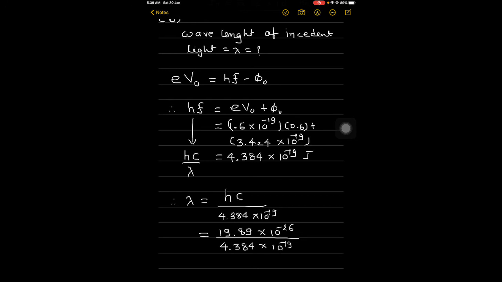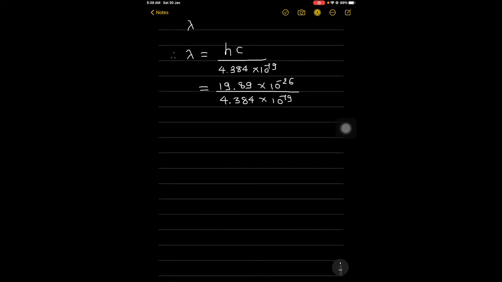When we simplify, 19.89 divided by 4.384 gives the value of lambda as 454 nanometer. So this is the answer that we have derived.